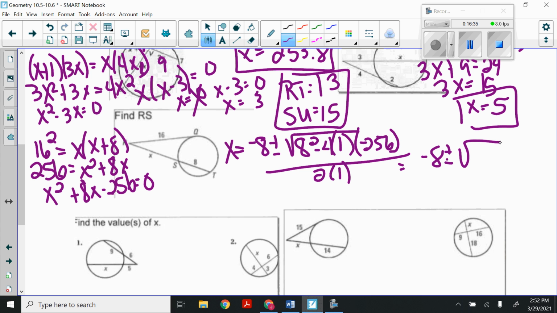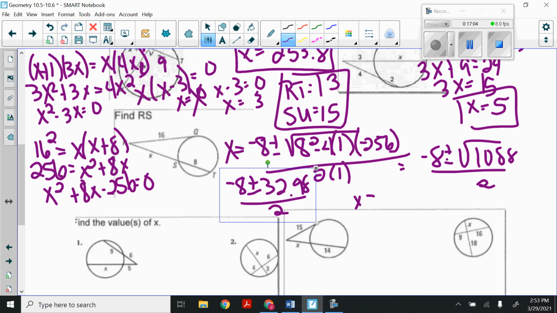Let's see, when I work all of that out, we have 64 plus 4 times 256, so the square root of 1088 divided by 2. So I get negative 8 plus or minus 32.98 divided by 2.